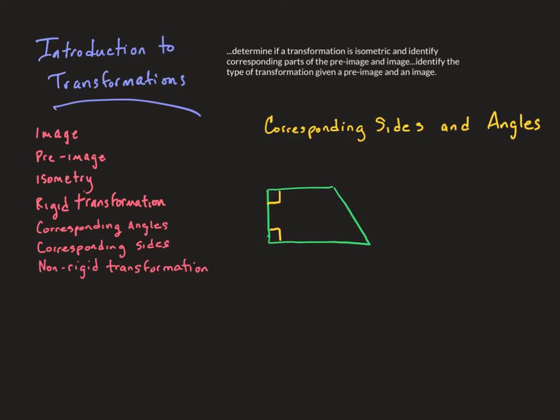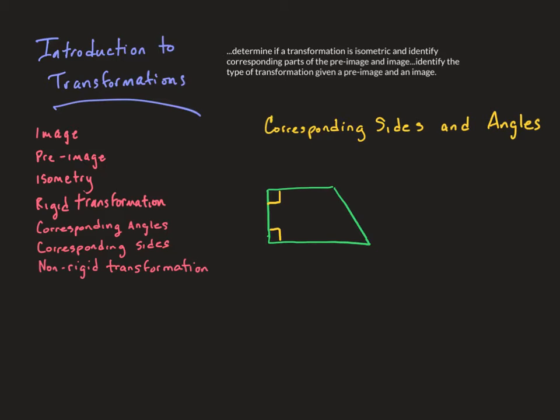If you look at this figure, let me draw it. We can see here that it looks like I have what would be a trapezoid. I have a 90-degree angle here, a 90-degree angle here.